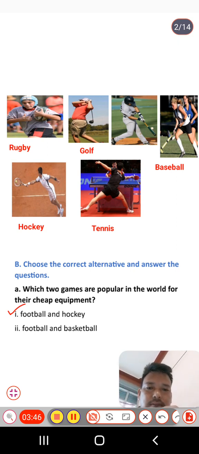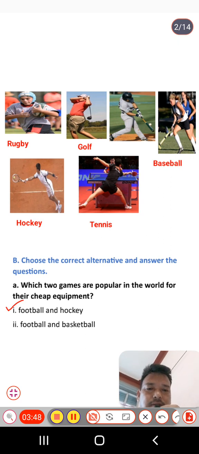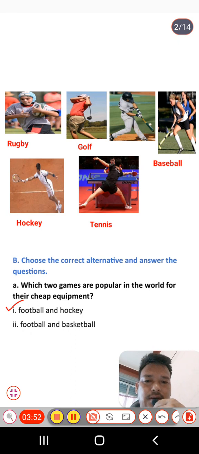So in exercise B, we have to choose the correct alternative and answer the question. The first one, which 2 games are popular in the world for their cheap equipment? So what are those games which are most popular for their cheap equipment? First one, we have football and hockey.